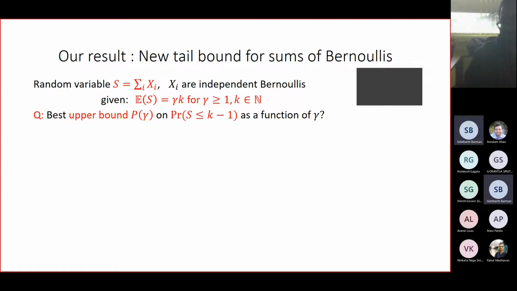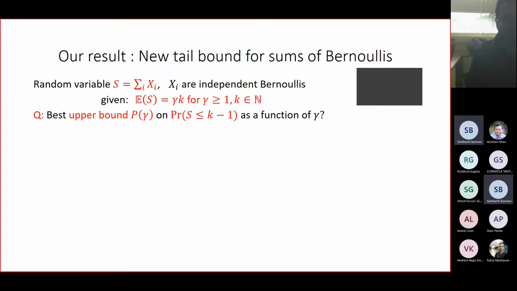We want that as gamma becomes bigger, this probability should become smaller. So what does the expression p of gamma mean here? Oh, that's not a probability, it's just some function of gamma.